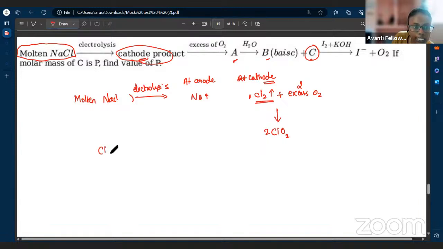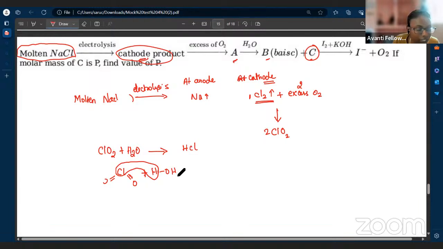Now what I'm going to do is react ClO2 plus H2O. What is the product you will be getting? You have ClO2, and you are reacting with H2O. So what happens over here? Hydrogen will take up Cl and it will be removed as HCl.